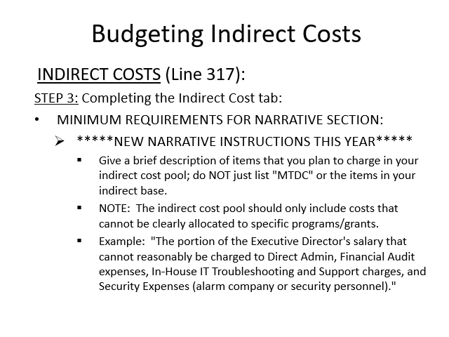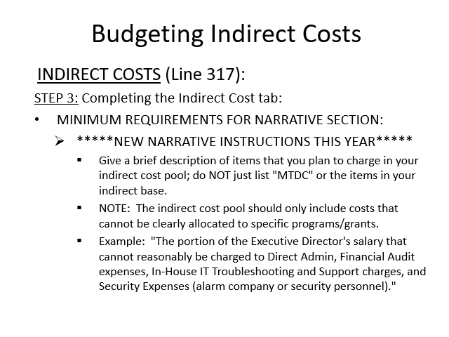Please note that the indirect cost pool should only include costs that cannot be clearly allocated to specific programs or grants. An example is the portion of the executive director's salary that cannot reasonably be charged to direct admin, or financial audit expense, in-house IT troubleshooting and support charges, and security expenses, say an alarm company or security personnel.